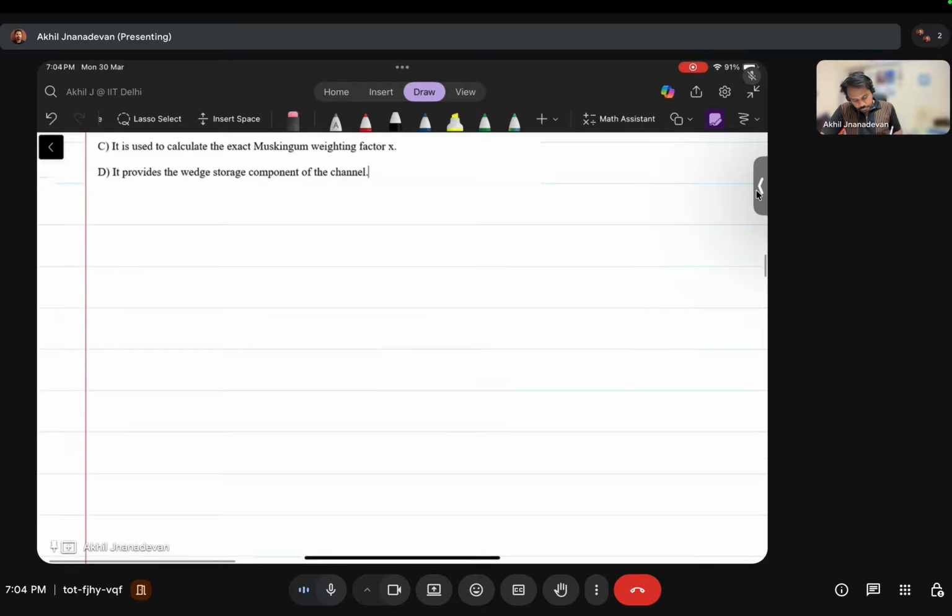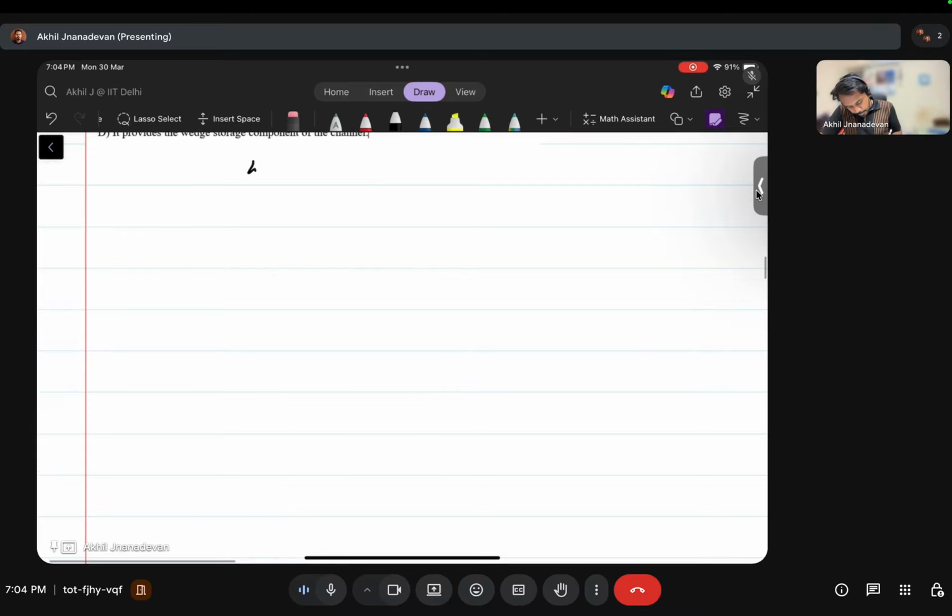So we are discussing level pool routing. The fundamental is that the storage is a function of Q. This is the storage function that we'll be using, and we'll be using the continuity equation.